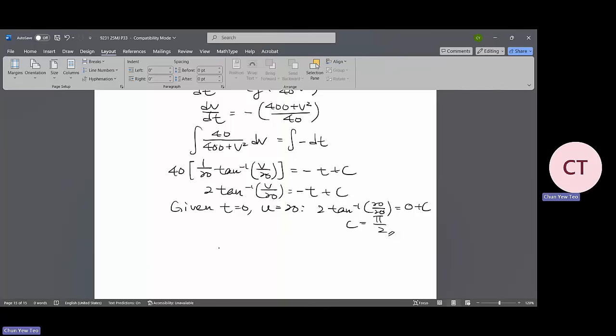Replace the C back, you will get 2 arctangent of V over 20 is equal to the negative T plus pi over 2.